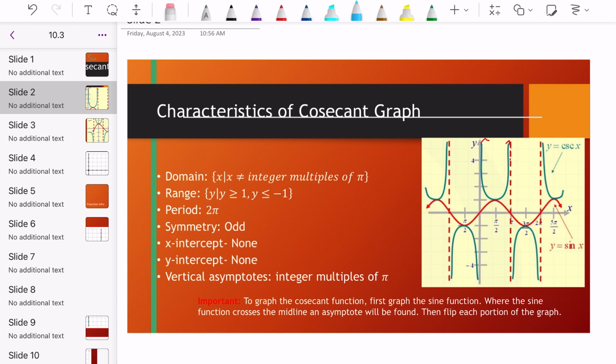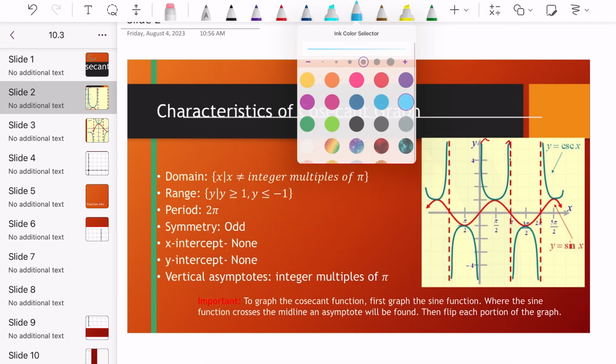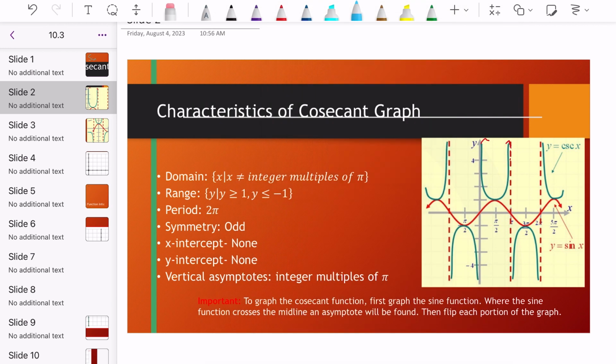Here we're going to go over a lot of the different properties that go along with each one of the graphs. Most important things to realize with our cosecant graphs is here we're going to be taking a look at the domain. For the domain, we will have the integers at multiples of pi be undefined.